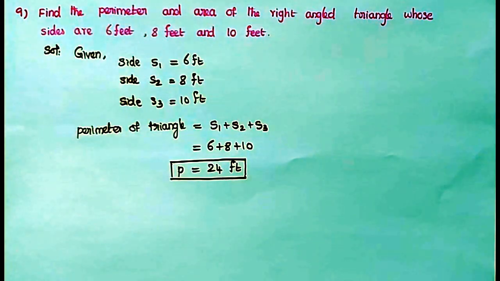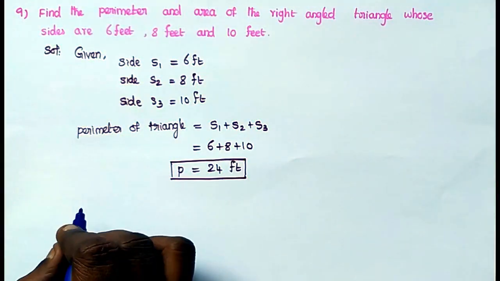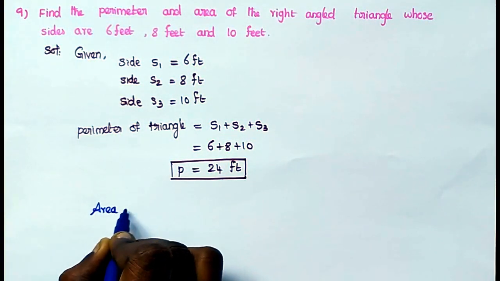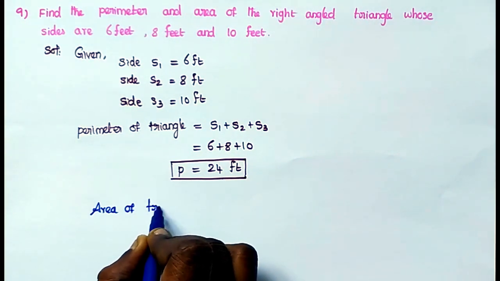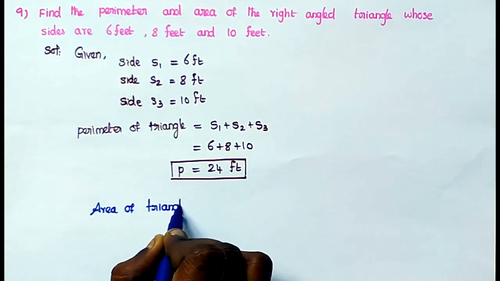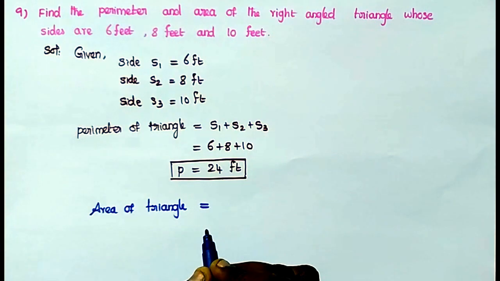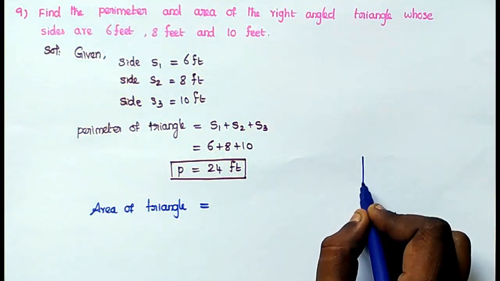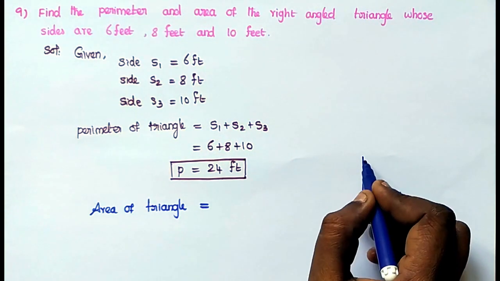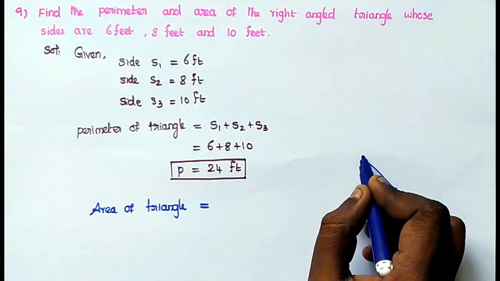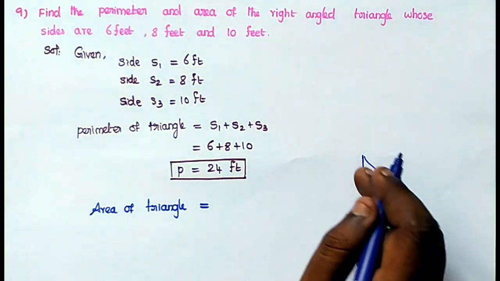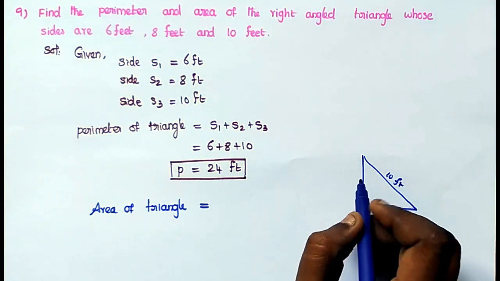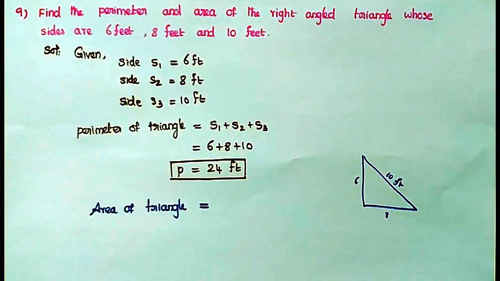Next, area. Area of triangle is equal to, listen, in triangle which is the longest side, that is 10 feet here only. Other sides are 6, 8.